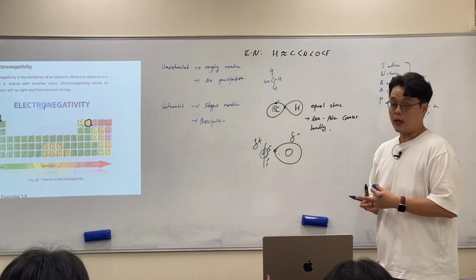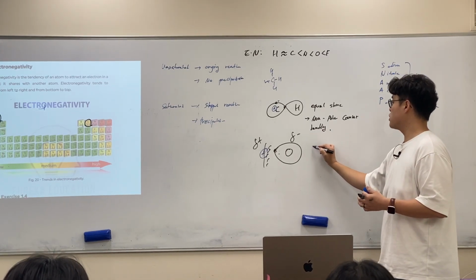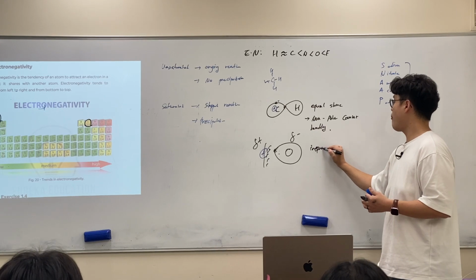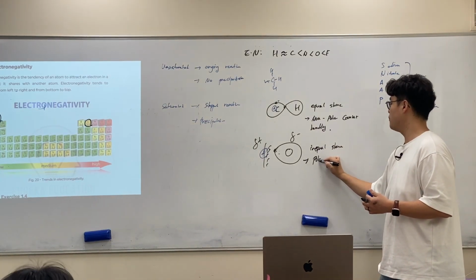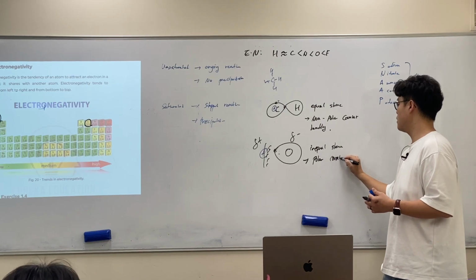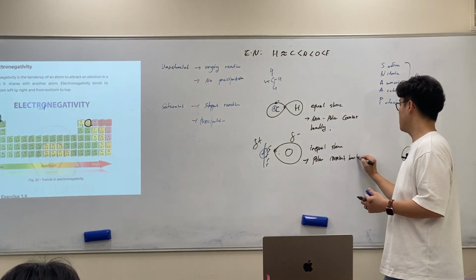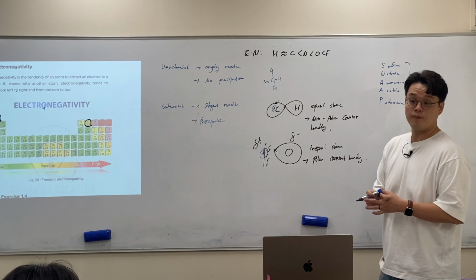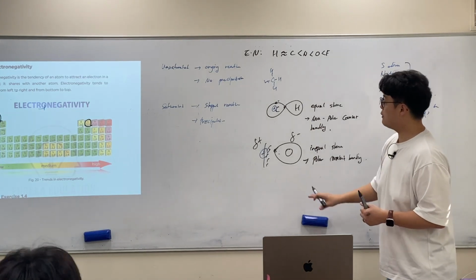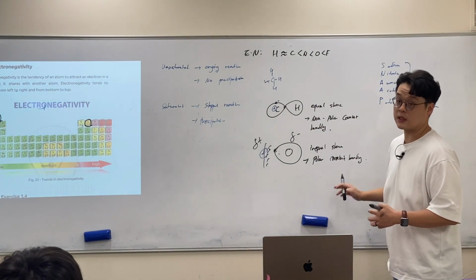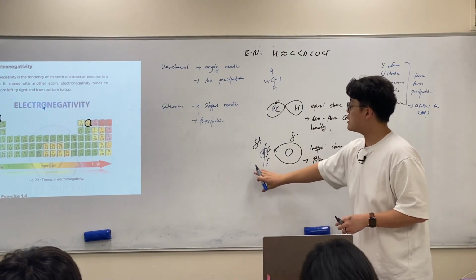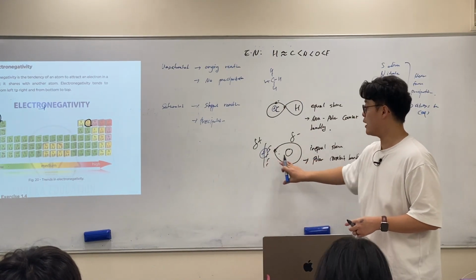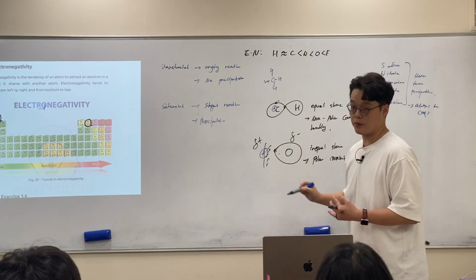Make sense? This is due to the unequal sharing of the electron. We call this a polar covalent bonding. Now, in case we have polar covalent bonding like this, how many polarities do we have in this O and C group?